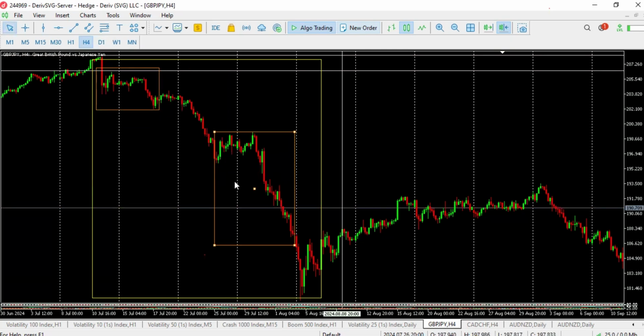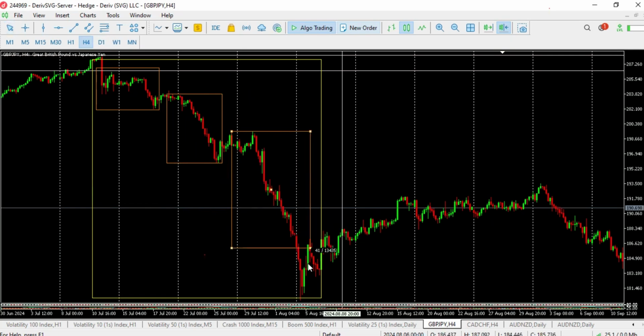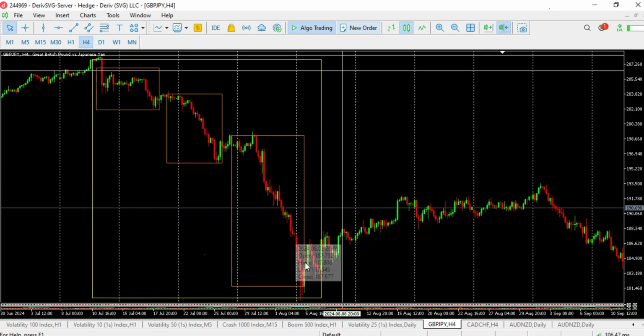Now this is the level 2 drop on the H4 time frame. And this is what? The level 3 drop on the H4 time frame. Then what happened next? The market reversed, okay? The market did what? Reversed. As you can see, this is a W.